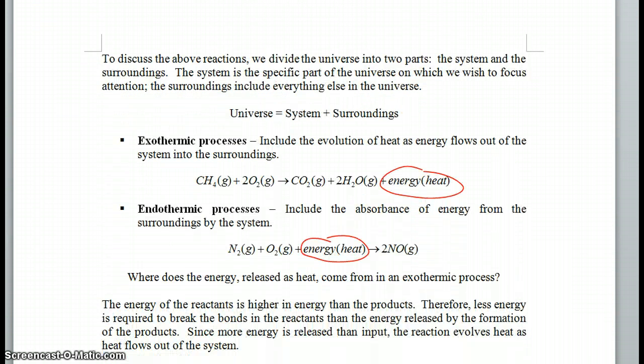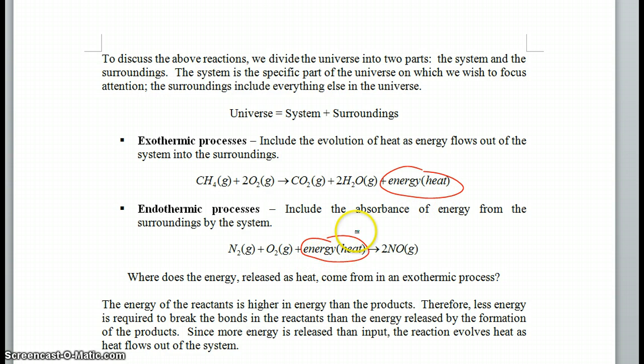So usually we talk about thermochemistry in terms of the system and the surroundings. Typically the system is the reaction, or whatever you're focused on, and the surroundings is everything else, so what's outside of the system, and together they make up the universe. In an exothermic process, we have energy or heat as a product, and in endothermic, it's a reactant. So exothermic means that heat is leaving the system or the reaction.